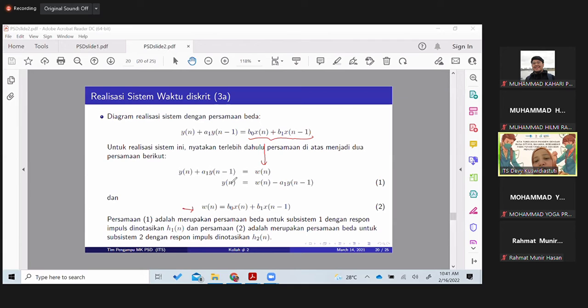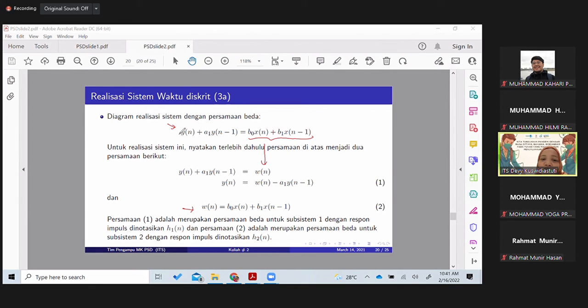Always make sure that your differential equation is not still in the general form, where everything related to the output is on the left and everything related to the input is on the right.